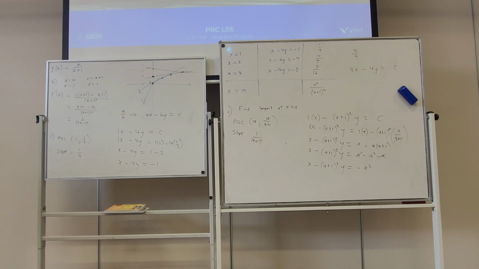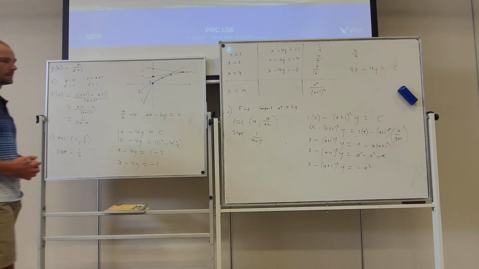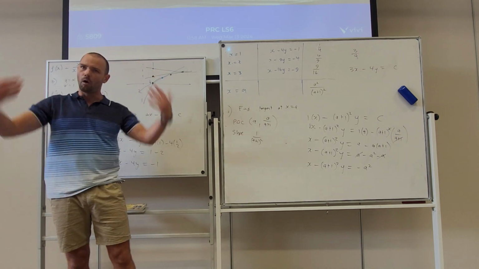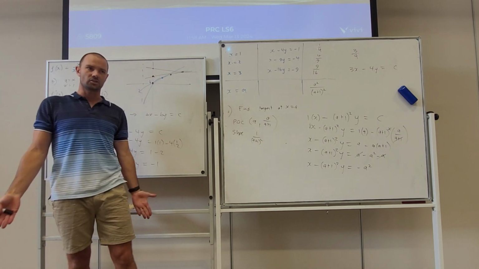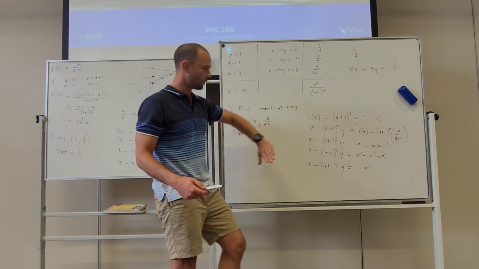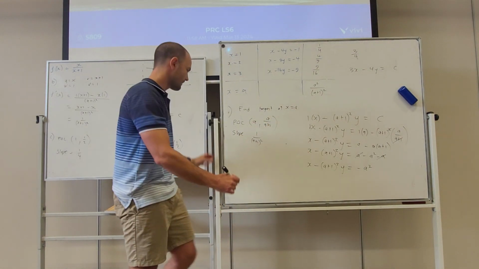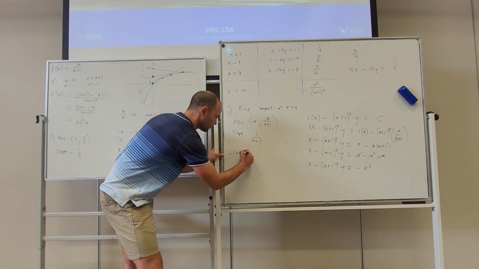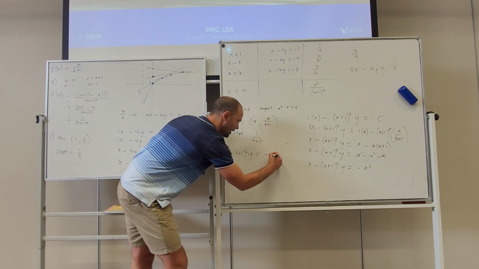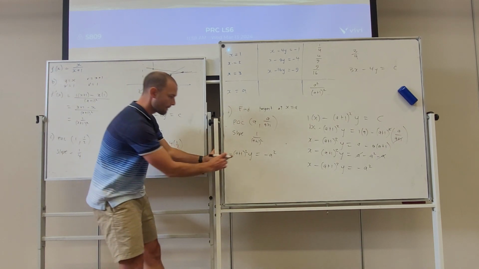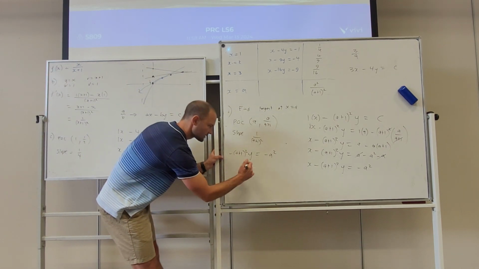Alright, so we've got 3 marks so far. Pretty challenging. However, we're asked to find the y-intercept of this tangent. The y-intercept occurs when x is 0. Alright, so we would have minus a plus 1 squared y equals minus a squared. Divide both sides by minus a plus 1 squared.